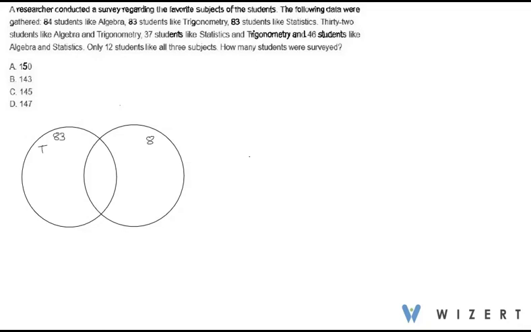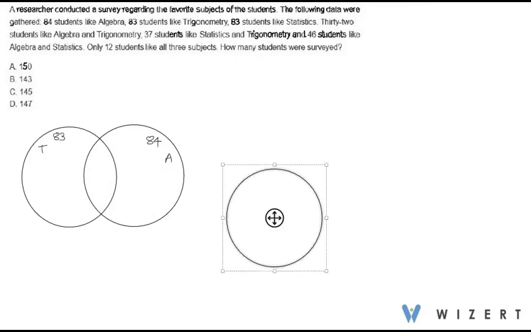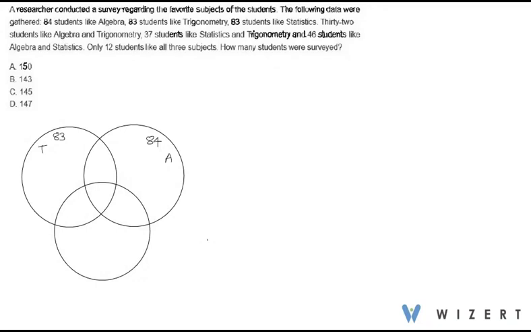Again, this entire circle is representation of 84 students who like algebra. Let this be the representation of 83 students who like statistics. So 83 statistics.